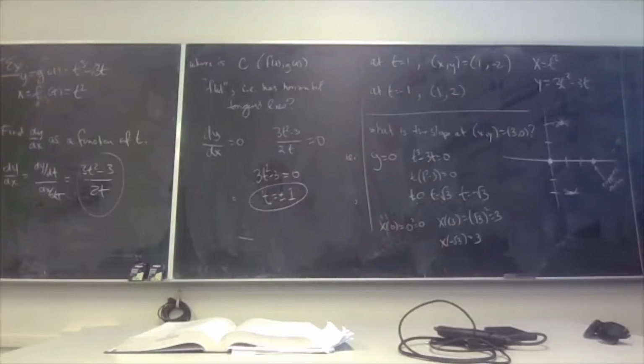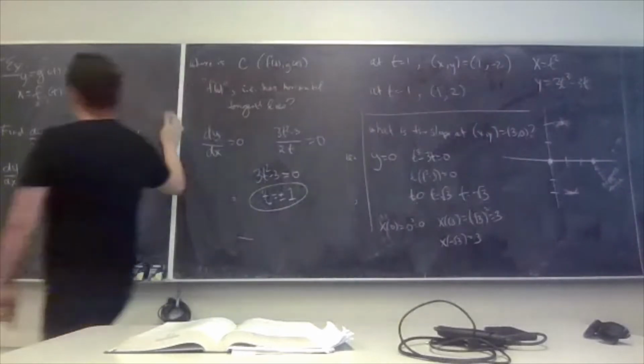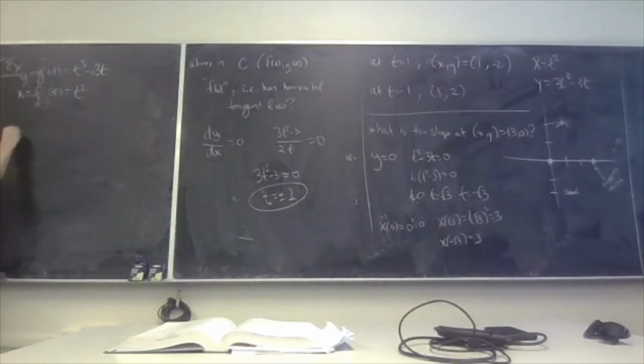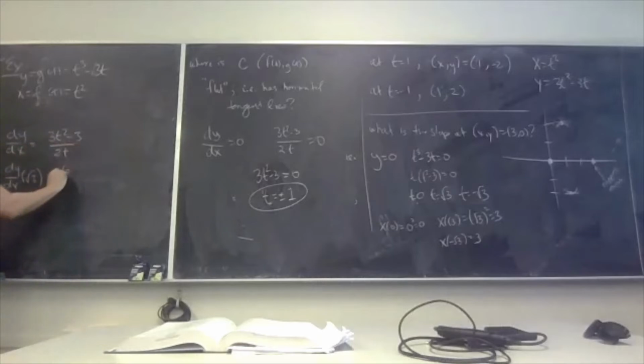And what are the slopes at that point? Well, dy/dx is equal to (3t squared minus 3) over 2t. And I think if you compute this at √3, this is going to be 9 minus 3, which is 6, over 2√3, which is positive √3.